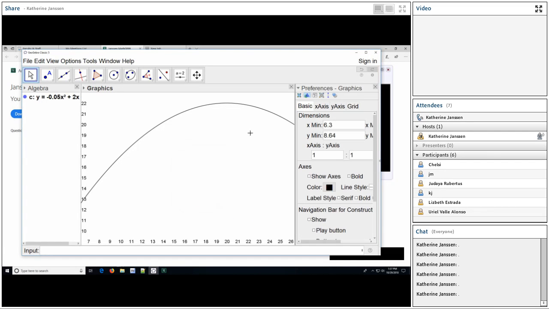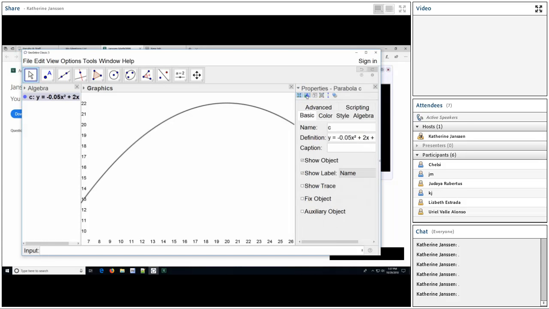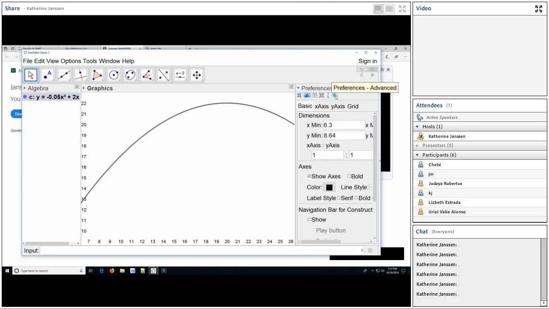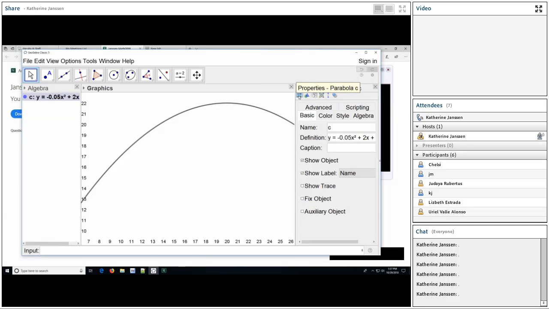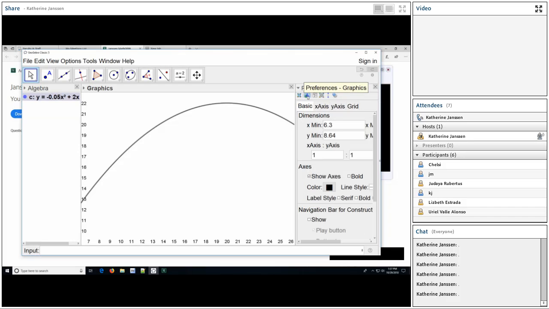Look at your settings, and a window pops up for us. It's your preferences for graphing, and any of these menu buttons might pop up depending on what you used the last time. We want the preferences for graphics, so make sure you get to that button within the right-hand menu, because I have to change my settings for my X minimum and my Y max and min.